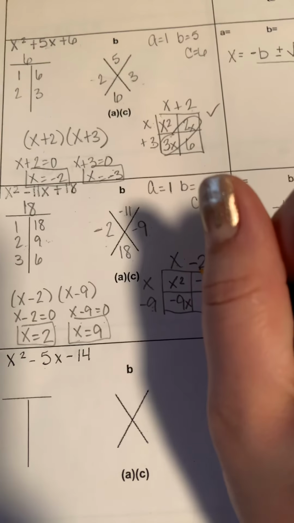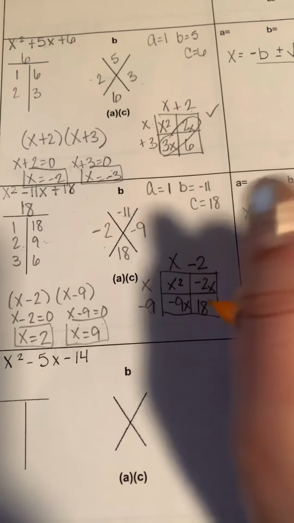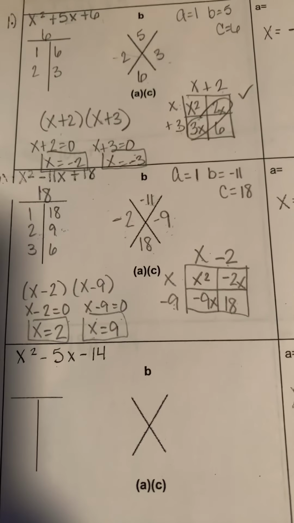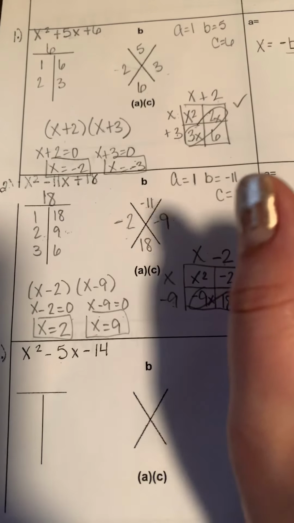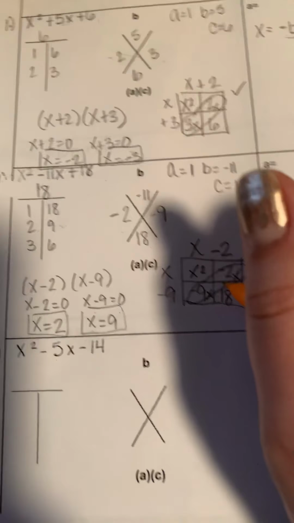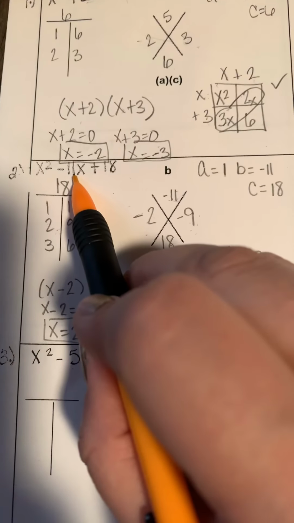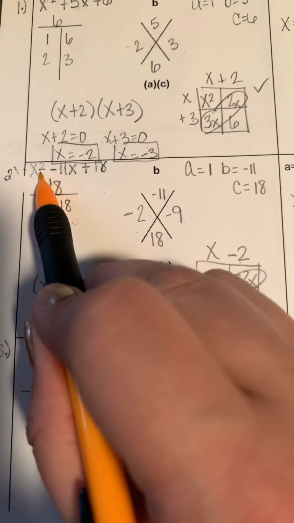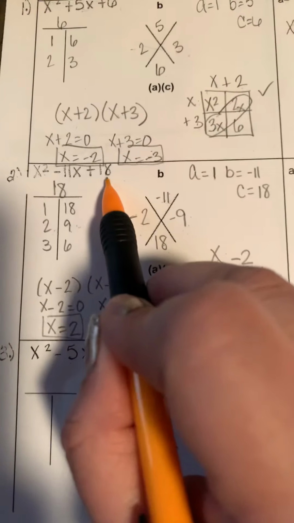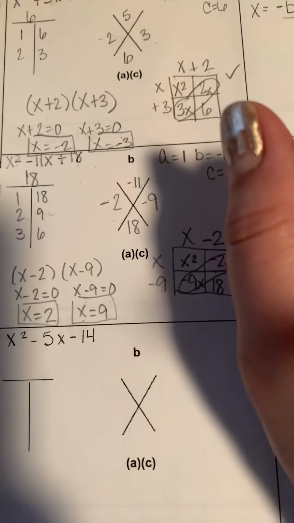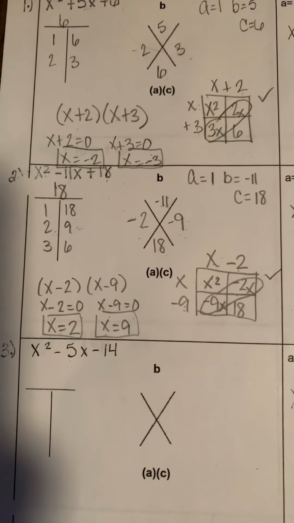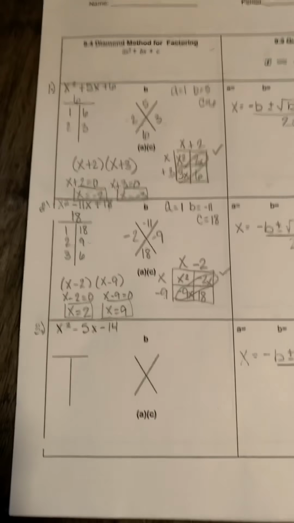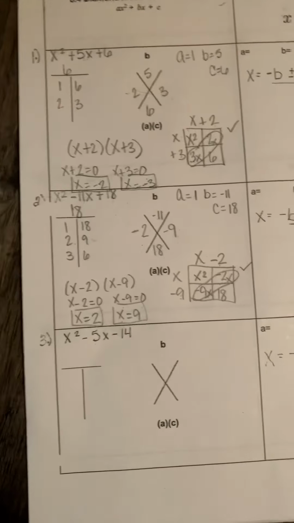Negative 9 times negative 2, positive 18. Combine our like terms. Negative 9x minus 2x gives us the negative 11x in the middle. X squared matches, and positive 18 matches. So we know we got that correct. Okay, now let me flip to where there is a number in front of our x.